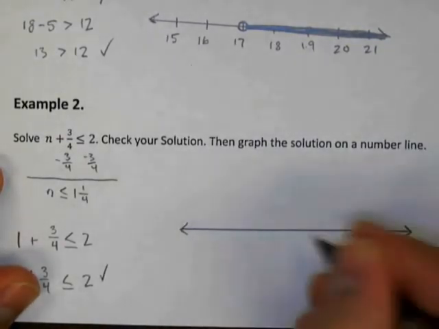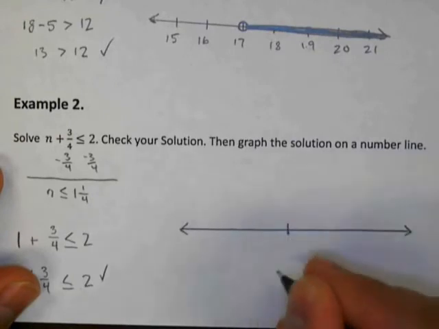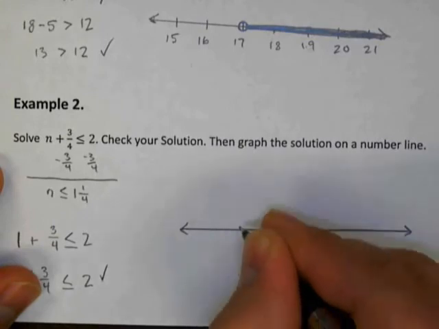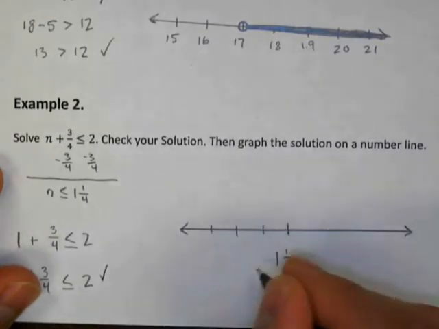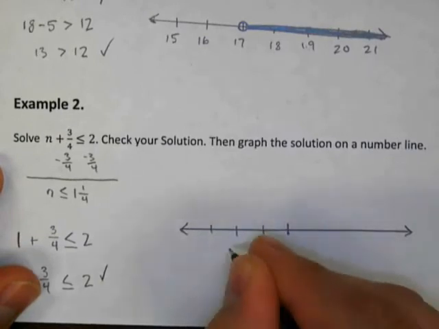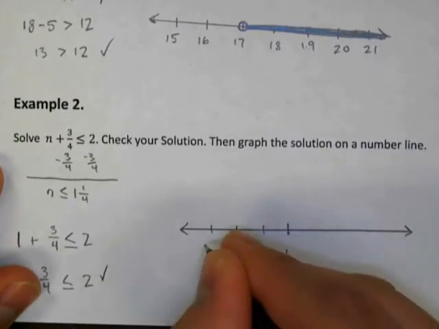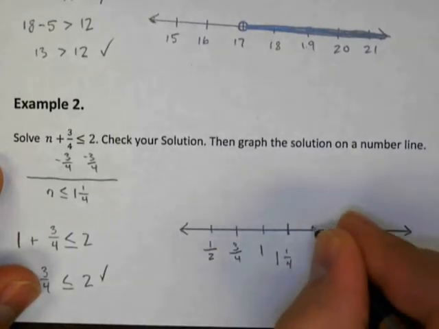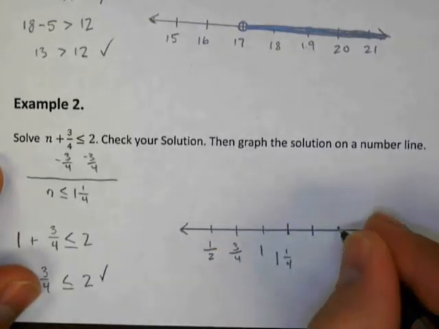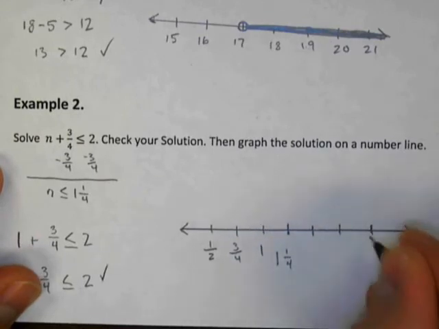So we're going to say this is 1 1/4. I'm going to put that right in the middle. We'll go 1 and then 3/4, 1/2 that way. So this is 1 3/4. 1/2, or 2/4, is equal to 1/2. And then this way we're going to go 1 1/2, 1 3/4, and 2.